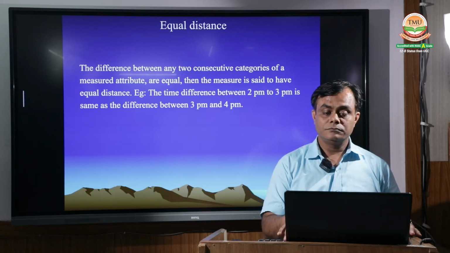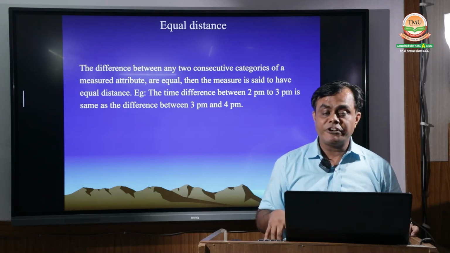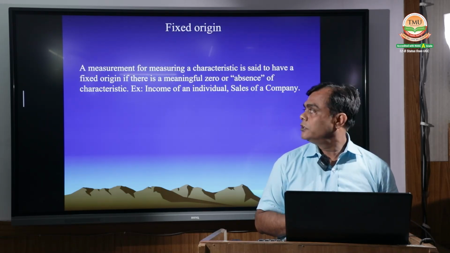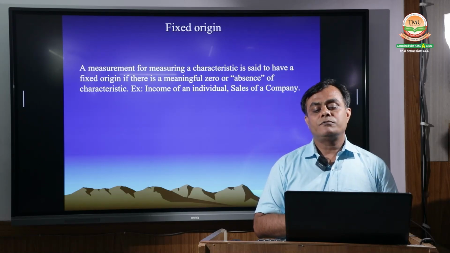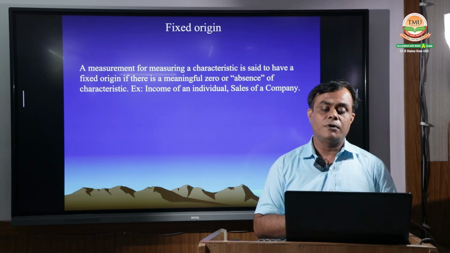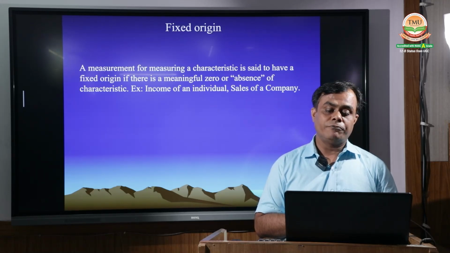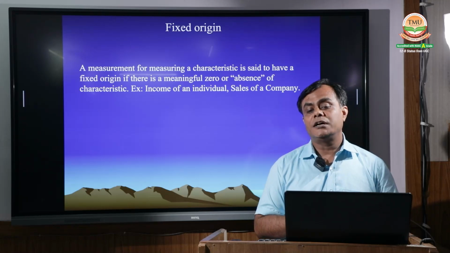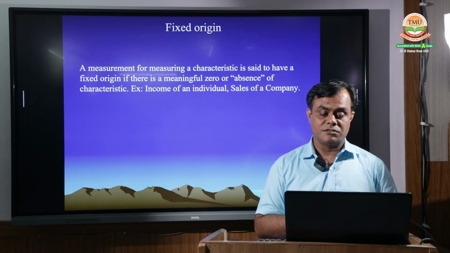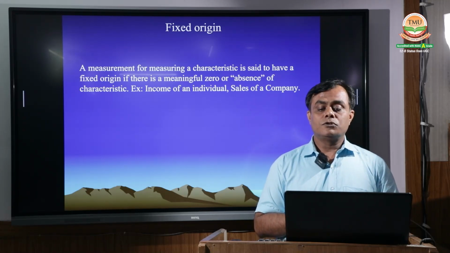Next is the fixed origin. Here in this slide, a measurement of a characteristic is said to have a fixed origin if it has a meaningful zero, or the absence of the characteristic.